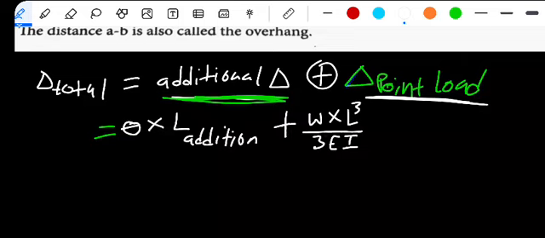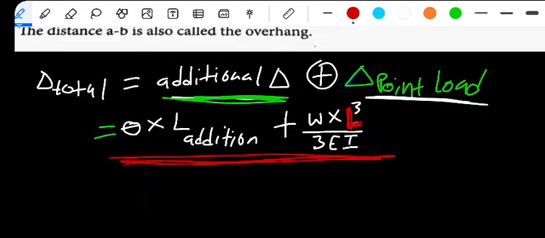Are we together? So this is what we have. But this length, obviously, is due to the point load. It's not the additional length. All right, so you'll have this now, the actual. You understand?